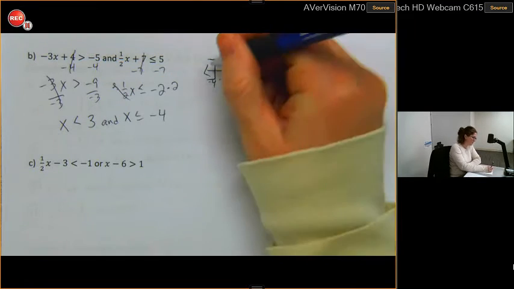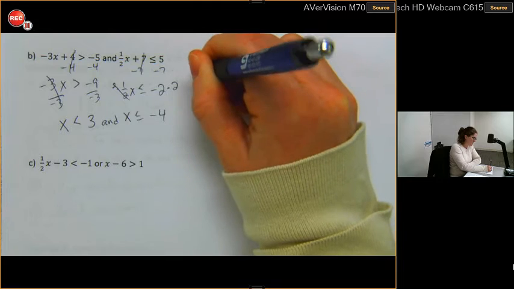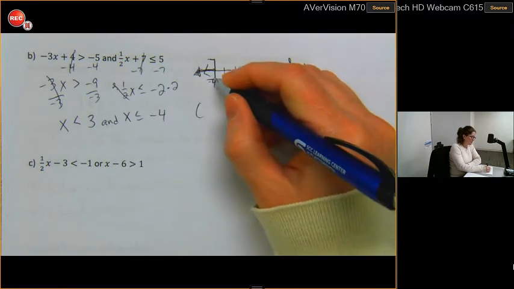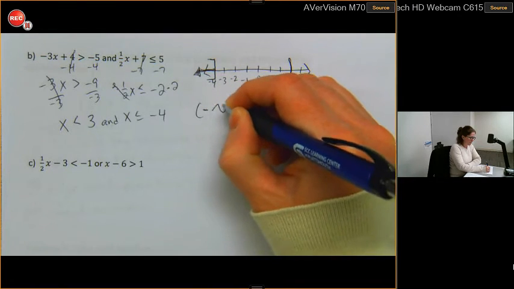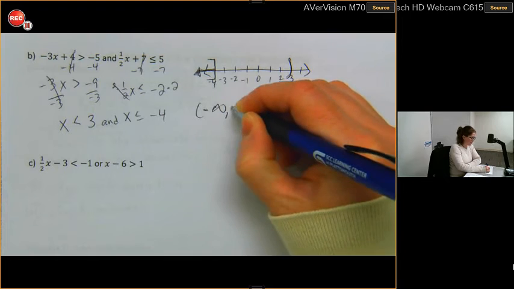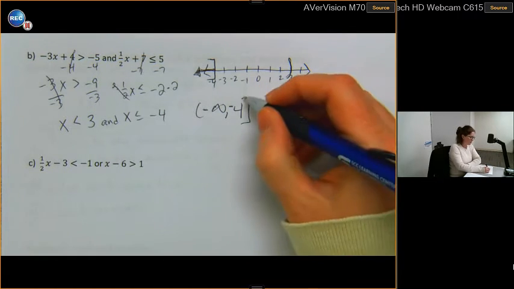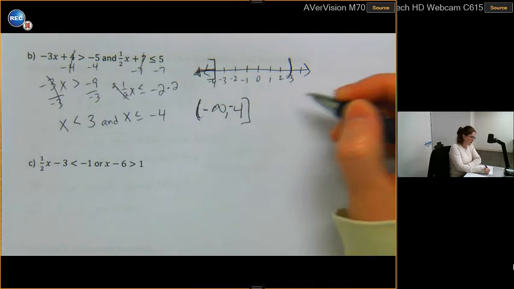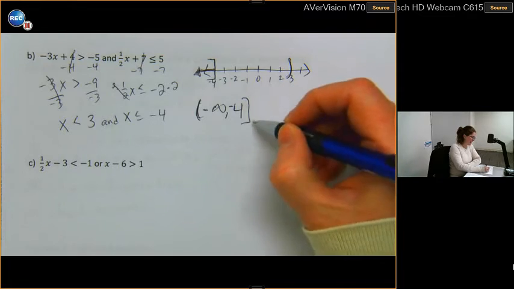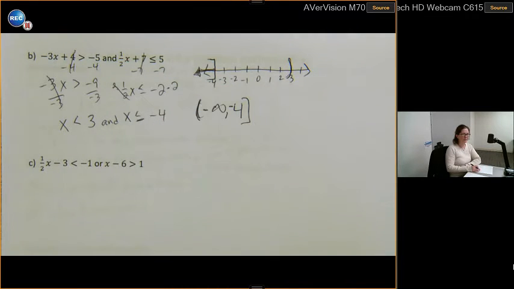It has to be both of them. So my answer is only what's to the left of -4. In interval notation, we go from -infinity to -4. Remember, infinity always gets a parenthesis. The -4 has a bracket because it's got an "or equal to" on it.